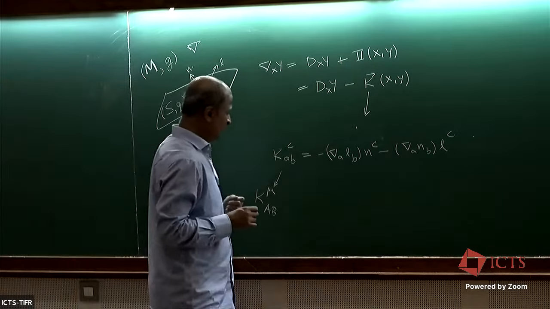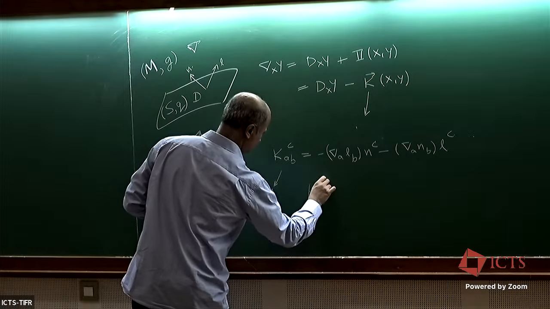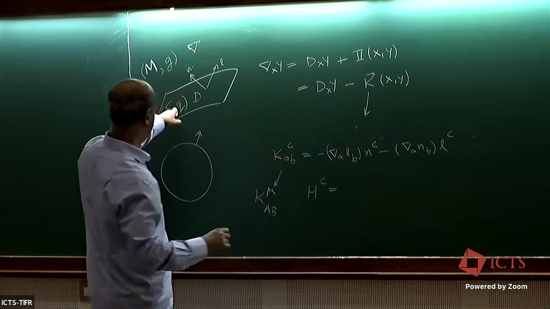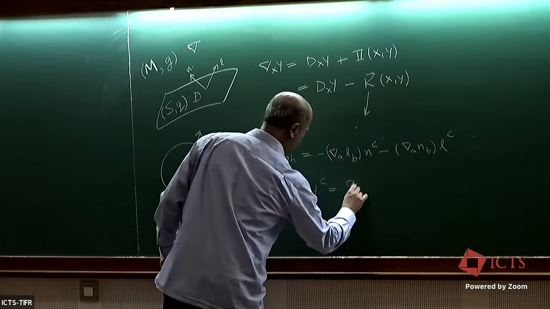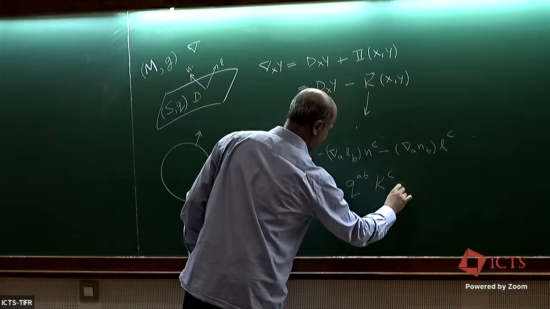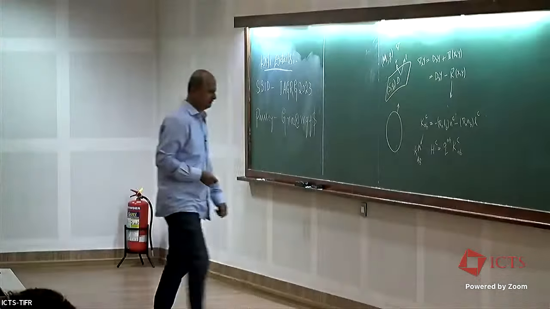Good. So now the mean curvature vector, let's call that H^C, is then the trace of this K using the induced metric on these two indices. Okay. So this is simply Q^AB K^C_AB. So this is the mean curvature vector.